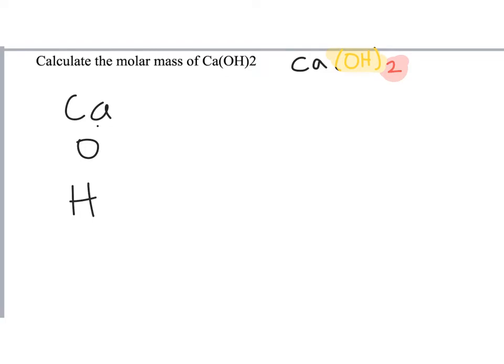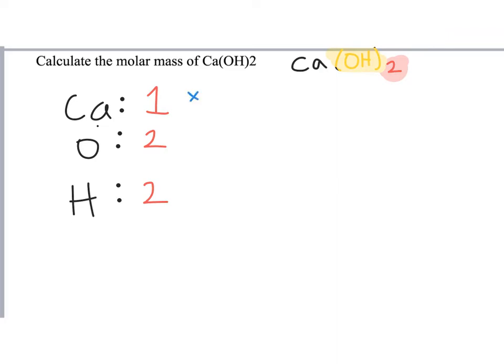How much of each one do I have? Well, this Ca does not have a number behind it, so that means there's only going to be 1 of them. So 1 Ca. This 2 is being applied to the O and the H. So we're going to have 2 O's and 2 H's.